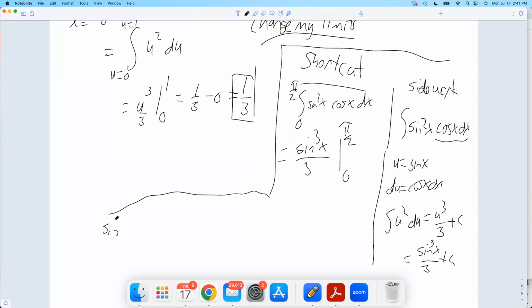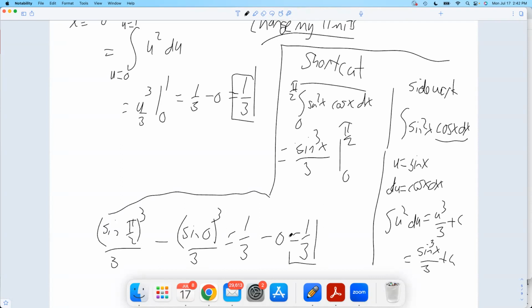So this will be sine of pi over 2 cubed over 3 minus sine of 0 cubed over 3. Sine of pi over 2 is 1, I get 1/3. Sine of 0 is 0, I get 0. I get 1/3.